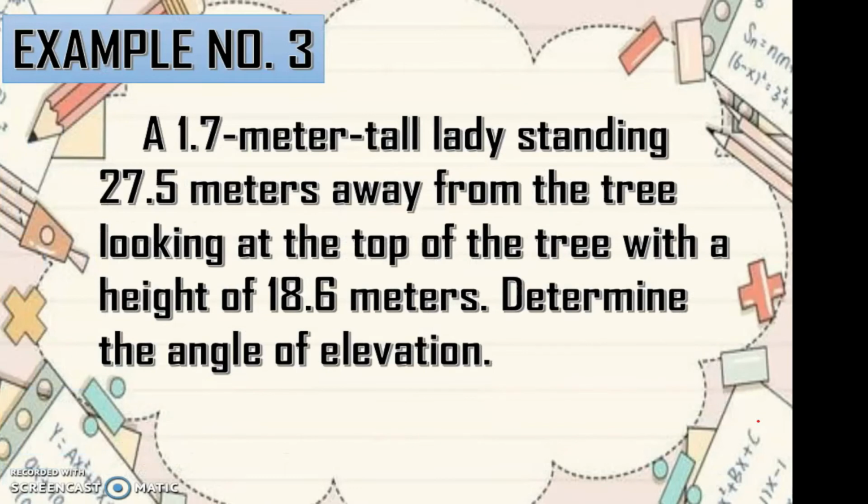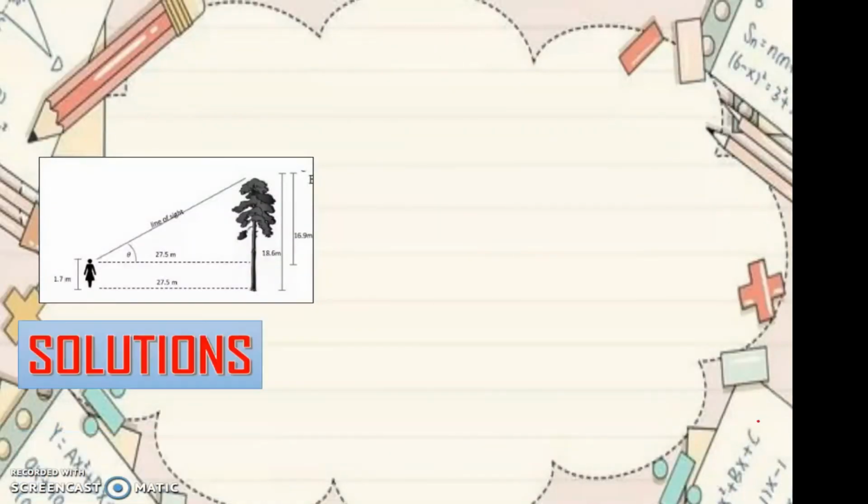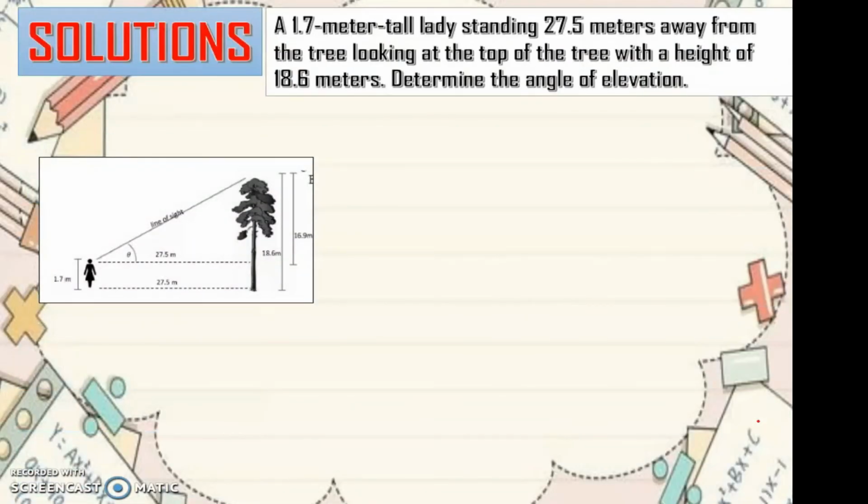A 1.7 meter tall lady standing 27.5 meters away from the tree, looking at the top of the tree with a height of 18.6 meters, determine the angle of elevation. So again, the first thing that we need to do, class, is you need to sketch the situation.